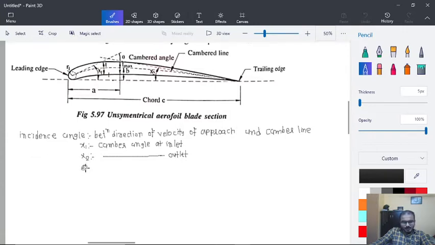Theta is the camber angle, that is actually the total angle, which will be the summation of X1 and X2.